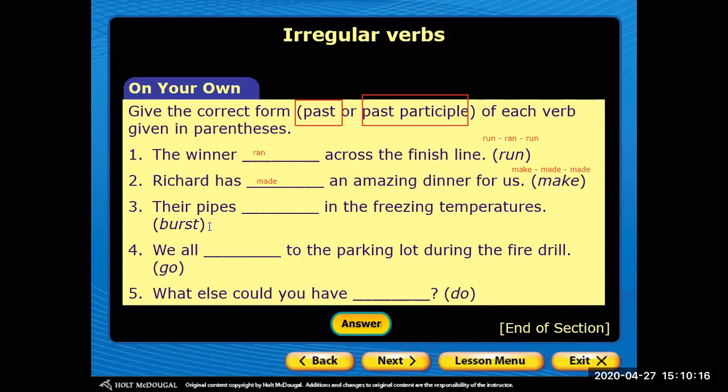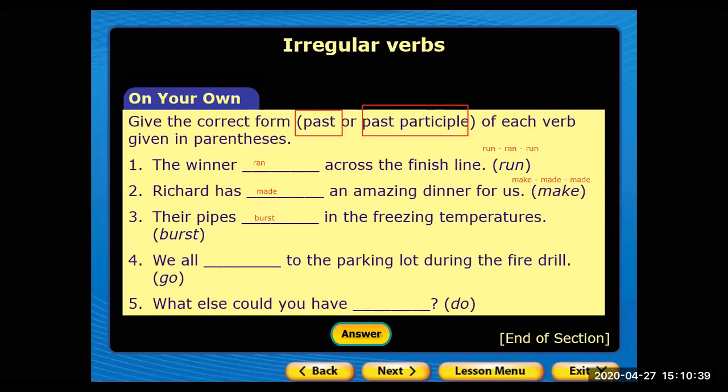Burst, burst. Very good, the same, because it has no change. But there is another conjugation, boys, which is bursted. I think there's bursted also. It can be irregular or regular. Let me quickly check if my information is right or not.